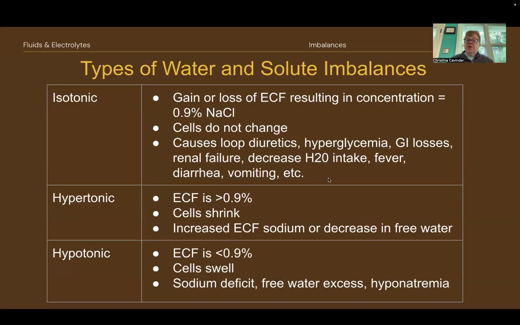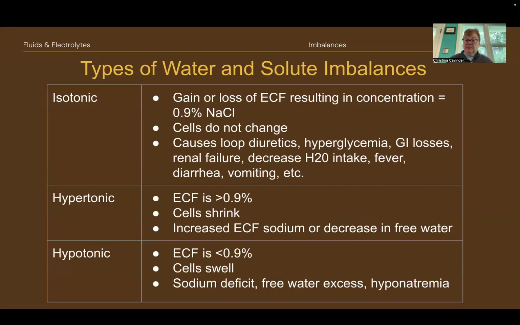The cause of this kind of dehydration or imbalance could be loop diuretics, because with loop diuretics you get rid of the fluid, but you also get rid of the solutes. Or hyperglycemia will do this. GI losses for a short period of time, like vomiting and that kind of thing.